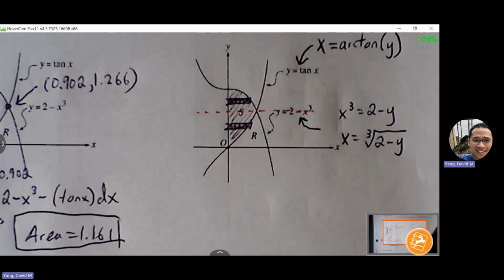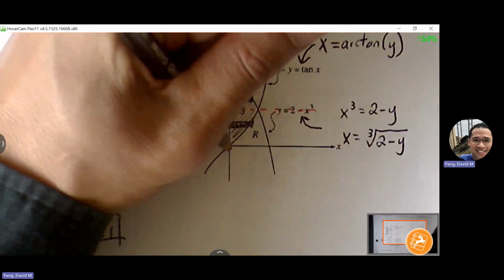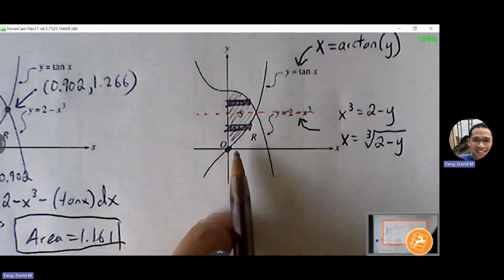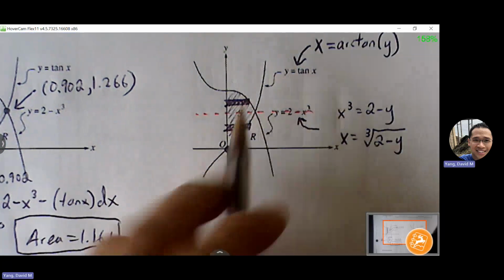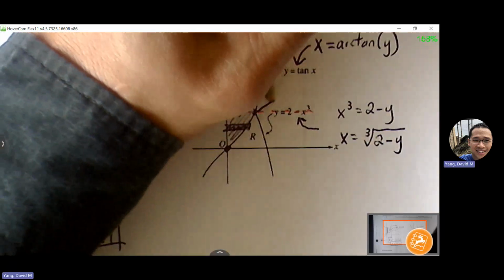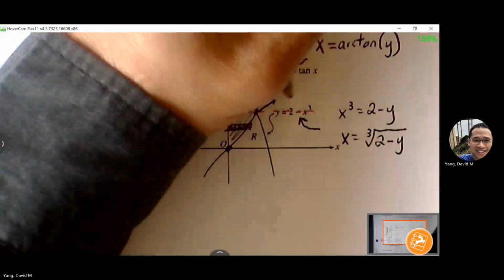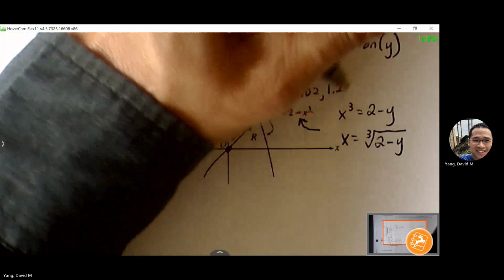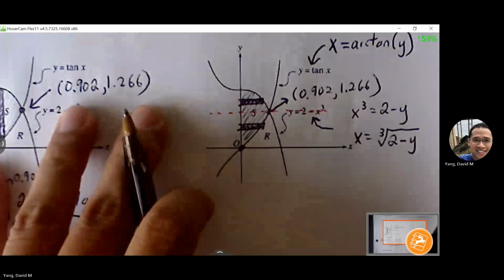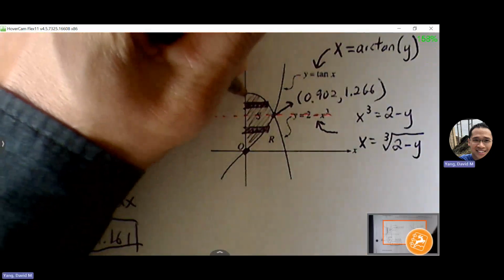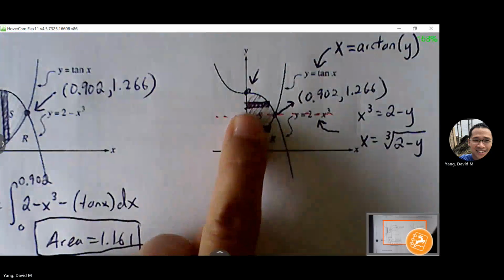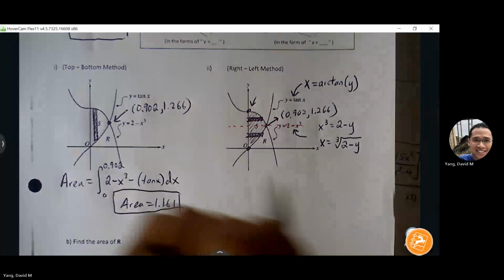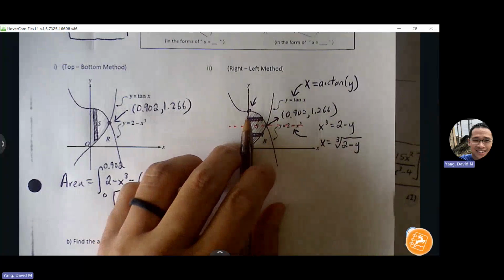My bounds have to be in terms of y as well. So I know this y value is 0 because that's the origin. I have the same ordered pair here. I'm going to use that y value. And I also need the y value here. For this one, we can just plug in the calculator, right?